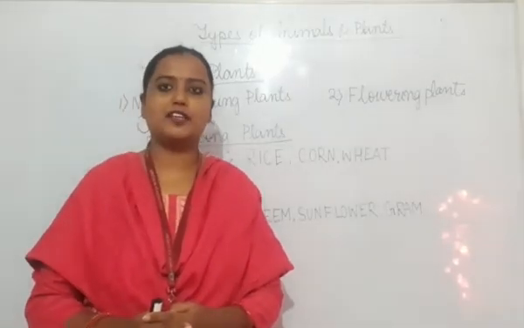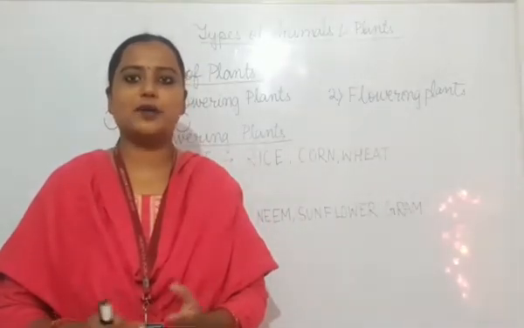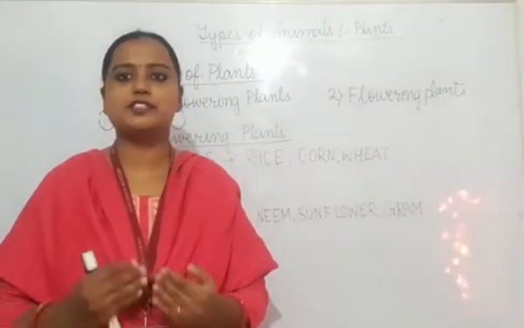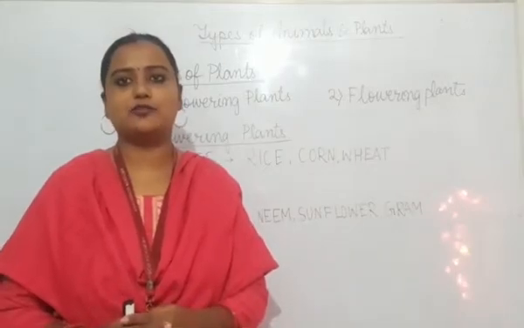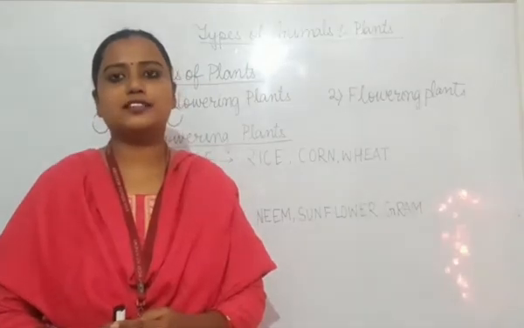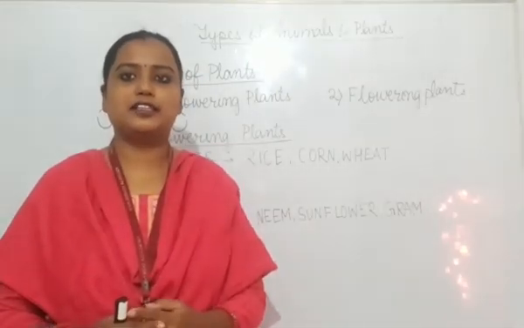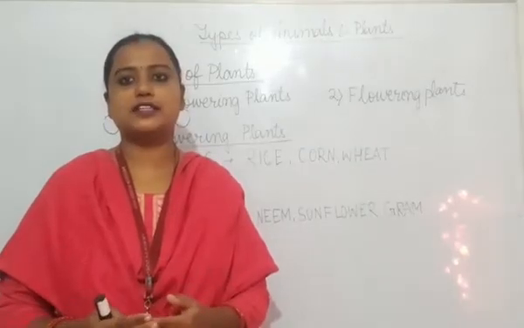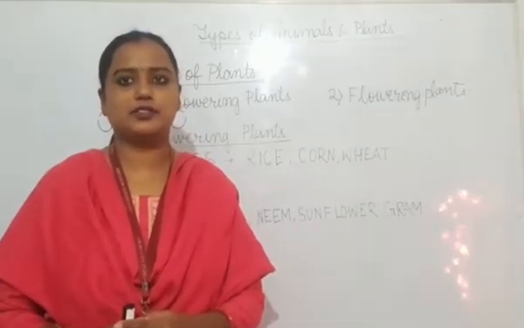If you have seen a gram seed, it has a brown cover on it. And when we remove that brown cover, we see a fleshy yellow part. That is the seed leaf. All seeds have either one seed leaf or two seed leaves present inside the seed cover.